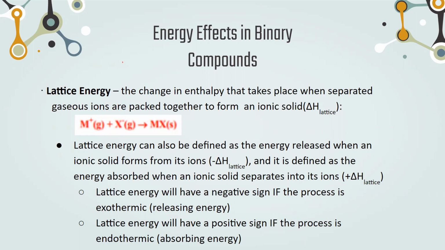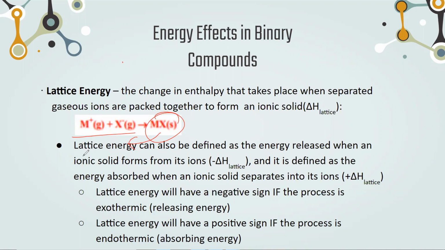So if we are talking about a metal with a nonmetal forming a crystalline structure, there is an energy change that takes place when that solid is formed, or an equivalent energy change if that solid were to break back apart, but that energy would be going in the opposite direction, right?